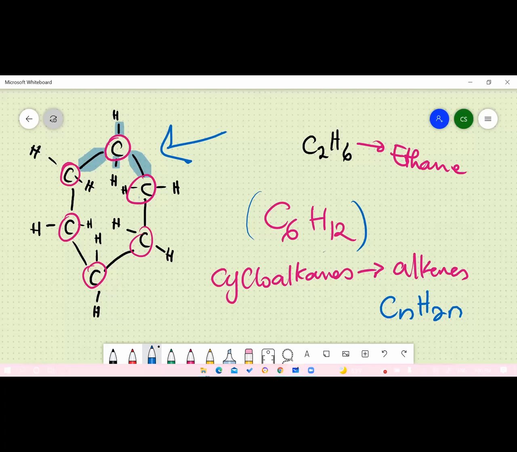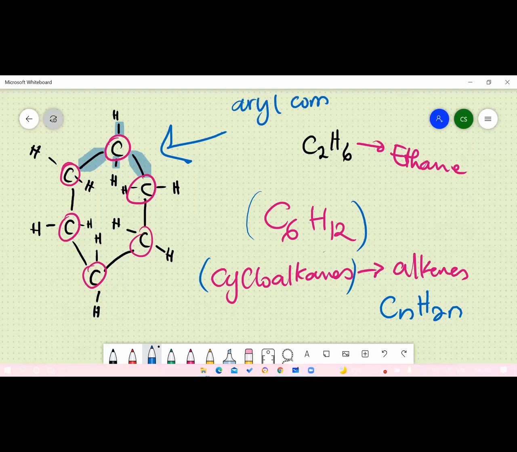Those are called cycloalkanes. Ringed carbon structures are known as aryl compounds. Remember I told you this earlier?